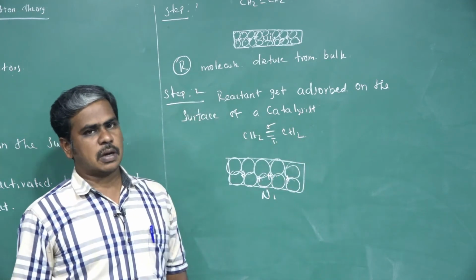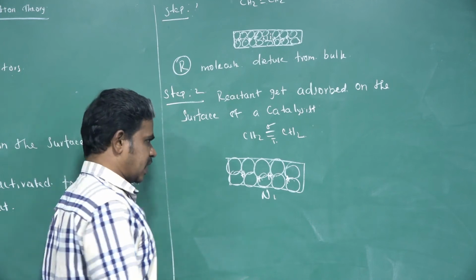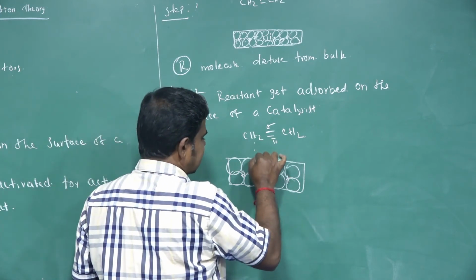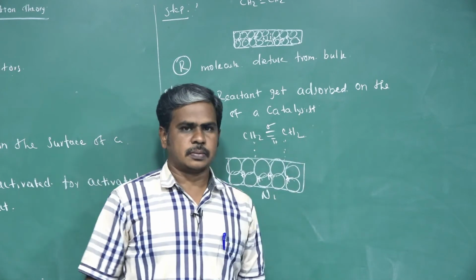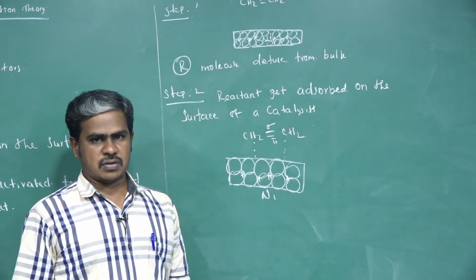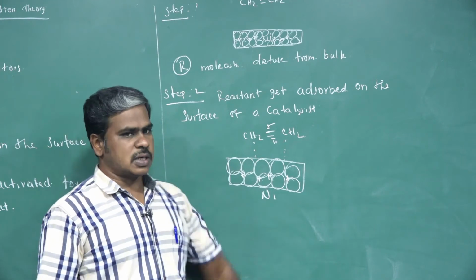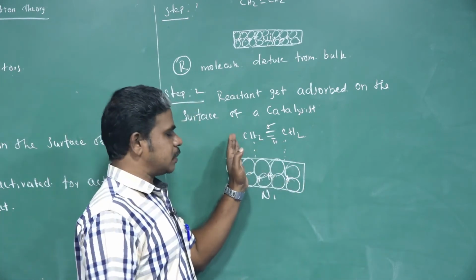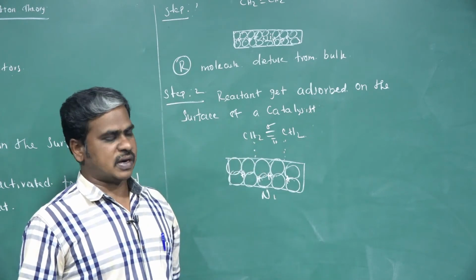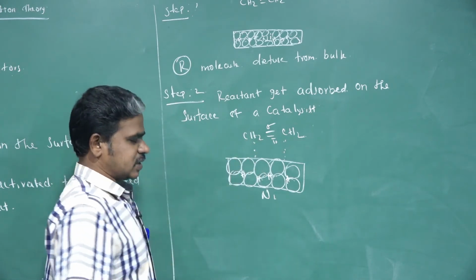Compared to the sigma bond, the pi bond is weakest, so it gets adsorbed by a partial bond or weak van der Waals forces. If it is chemical adsorption, bond formation occurs. If it is physical adsorption, van der Waals forces of attraction occur. So that is the second step.